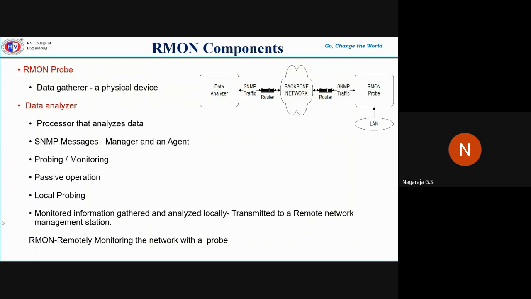The monitored information is gathered and analyzed locally, then transmitted to a remote network management station, and we say that the network is monitored remotely with a probe itself. So let us say some network traffic you want to analyze is on your local network; you can probe it using the RMON protocol.